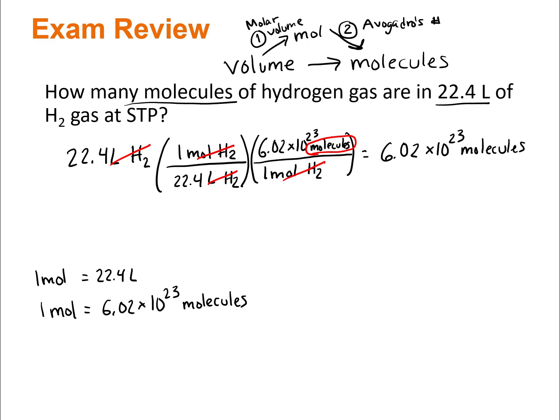So if you knew the definition of molar volume and the relationship of 1 mole to Avogadro's number, you didn't have to do all that math. But if you didn't remember, you can still set it up. So how do we do on this one?